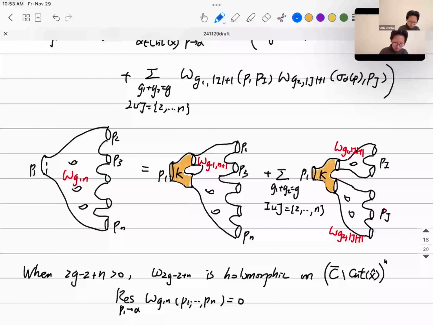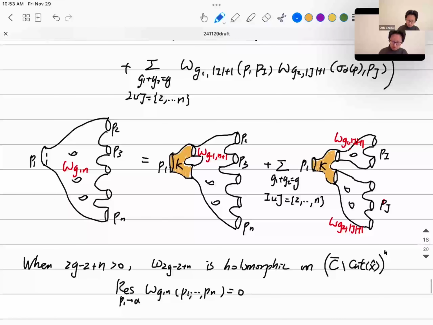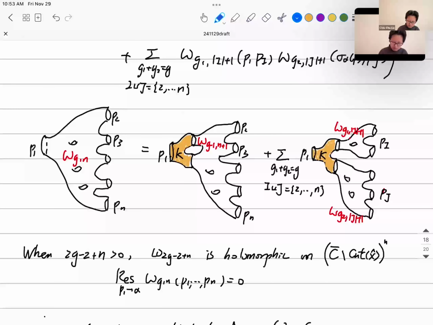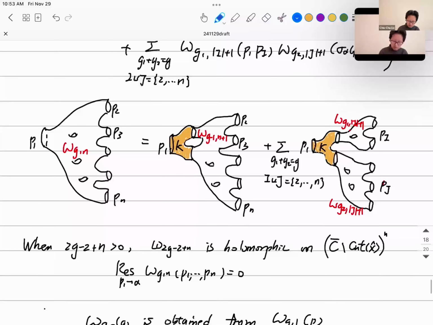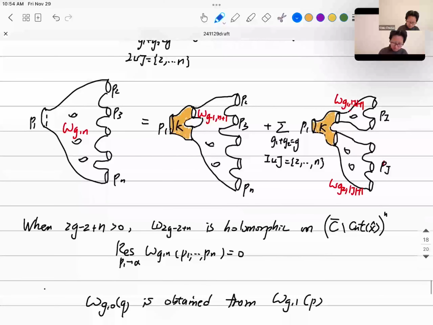And when 2g minus 2 plus n is greater than 0, you get some symmetric meromorphic form on the compactified mirror curve, which is holomorphic away from the critical points of x hat. It's even holomorphic extended to the punctures. And moreover, it's of the second kind in the following sense: if you take the residue, it's 0, so the pole has no residue.